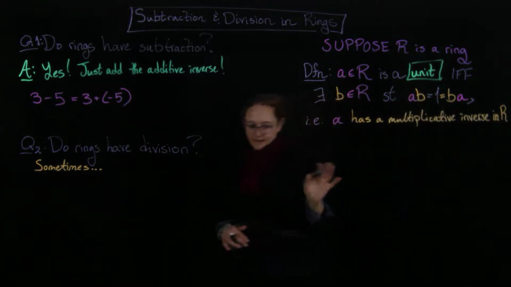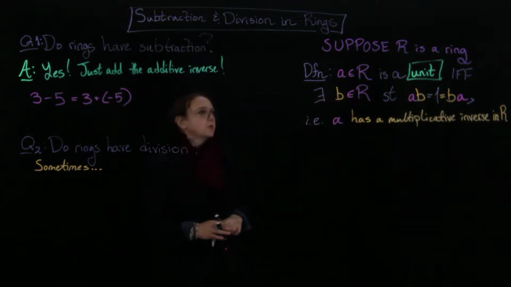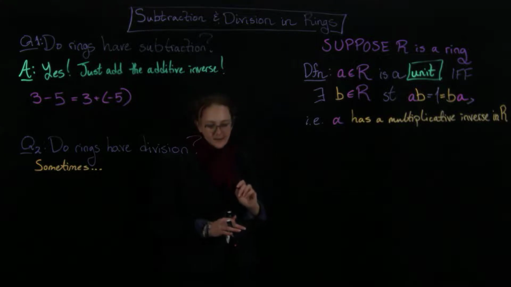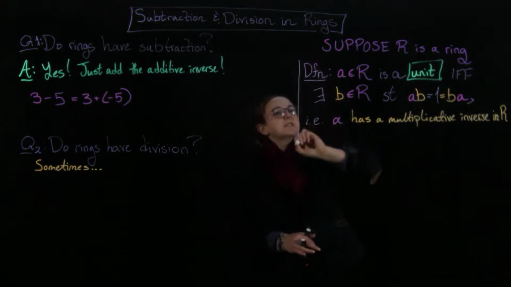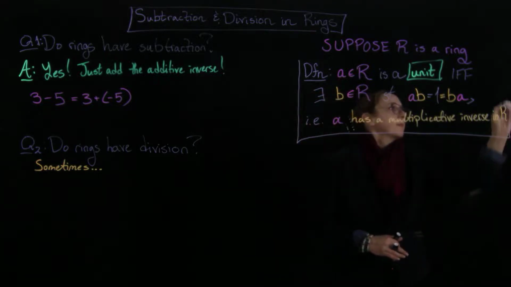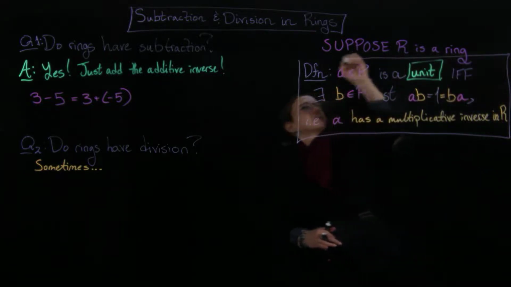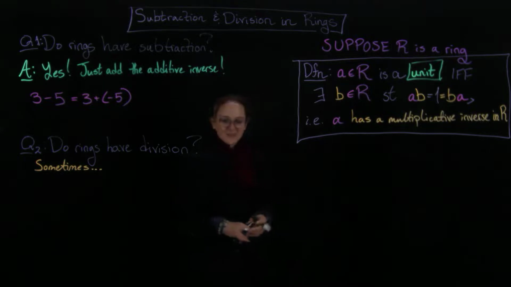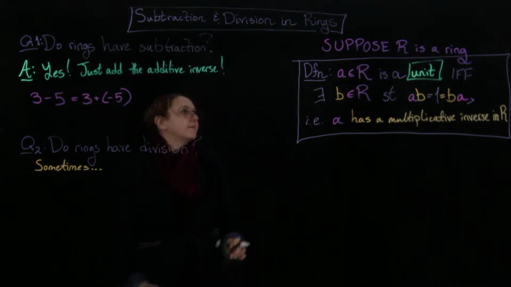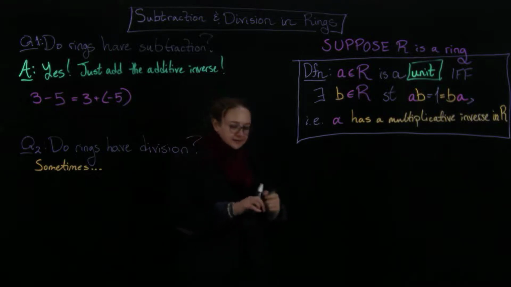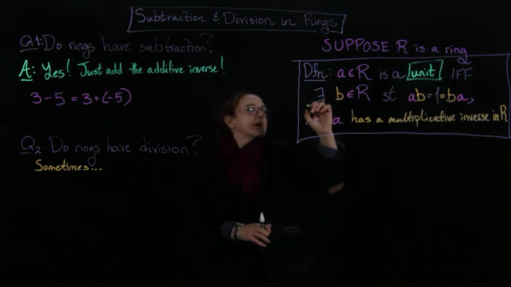Let's first focus on boxing our definition. This is the definition of a unit. After doing that, we'll focus on a few details. Notice that we have a "there exists."